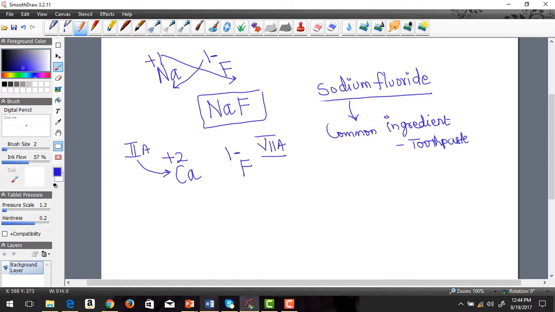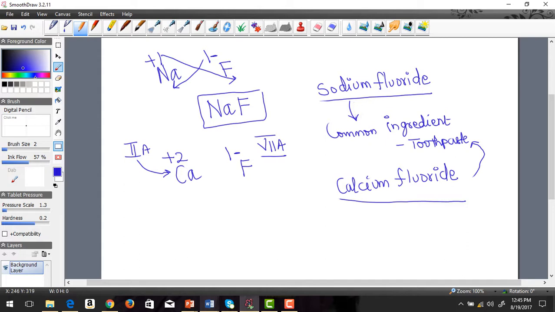Say the company making your toothpaste doesn't want to use sodium but calcium fluoride, which makes sense because your teeth need calcium, and fluoride also helps you keep stronger teeth. Note the difference between fluorine, which does not have a charge, and fluoride, which has a charge. Now, how do we end up with the compound?